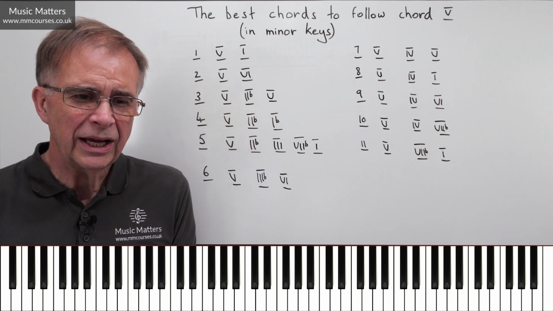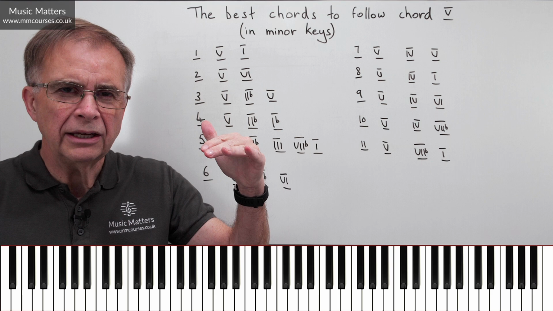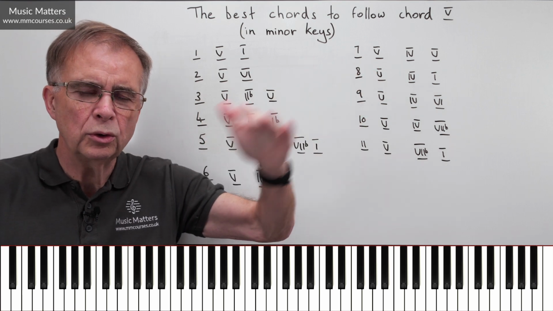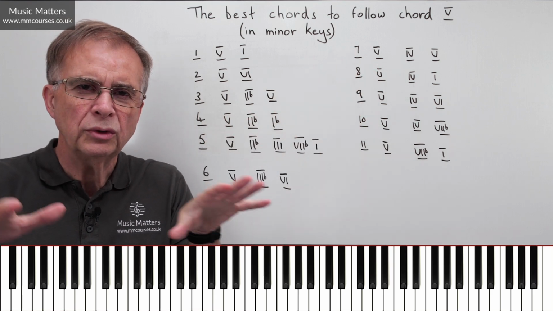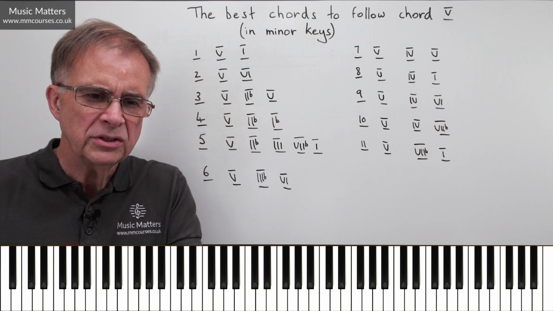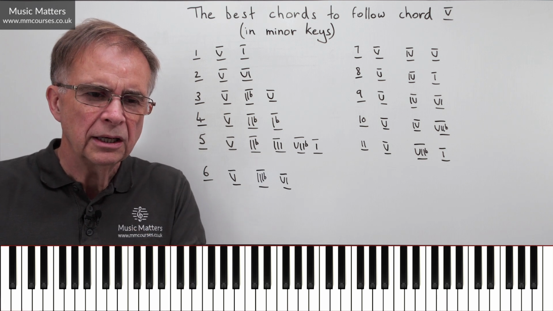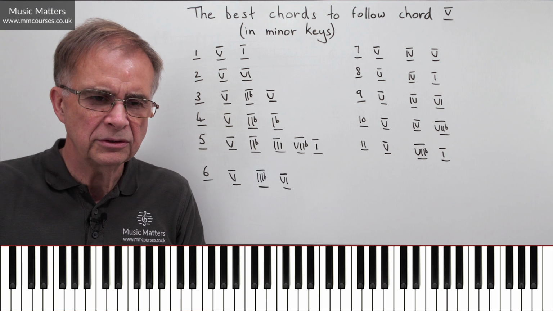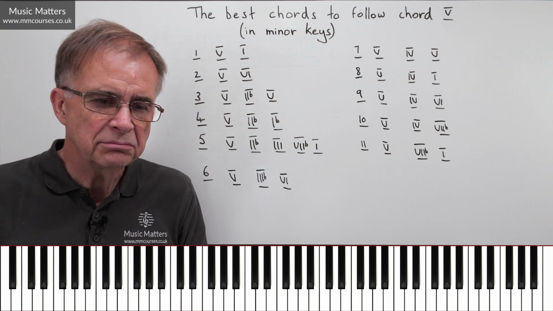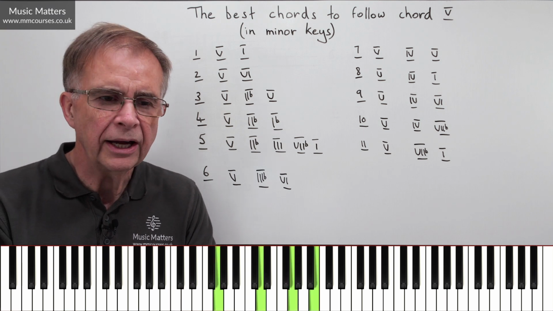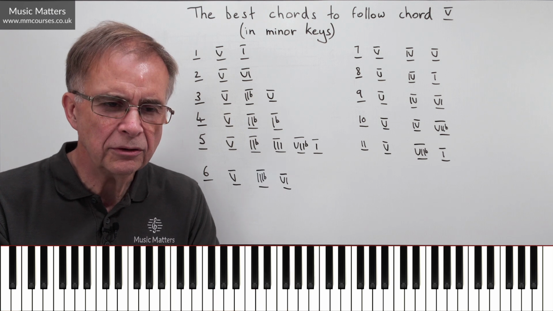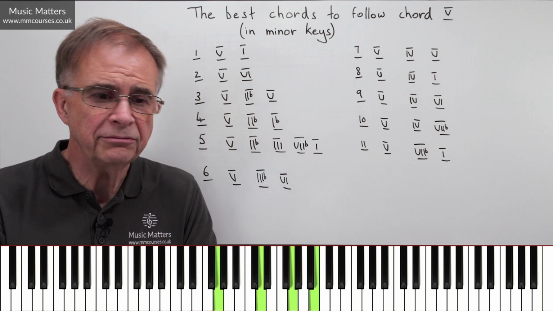And if you want to settle on 5 and put another chord in between, but you want the 3 chords to be quite strong, well, just think about what your primary chords are. So 5 to 4 to 5 is quite a good one. I mean, you can go 5 to 1 to 5, so 5 to 4 to 5.